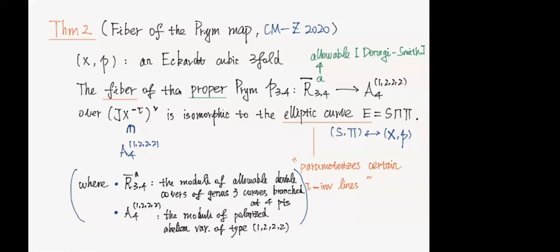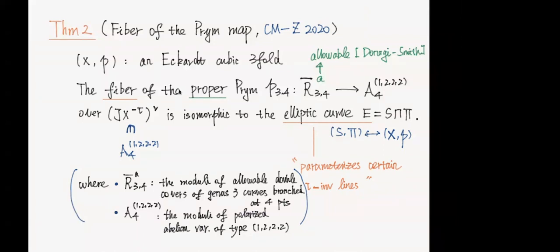Now if I have an Eckardt cubic threefold, this anti-invariant part, or the dual of the anti-invariant part, will live here in the target. Our second theorem is that this fiber is isomorphic to the elliptic curve, which is just the original cubic surface intersected with a plane. So from this cubic surface pair, we construct this Eckardt cubic threefold, and this elliptic curve is simply the intersection of this cubic surface and the plane.